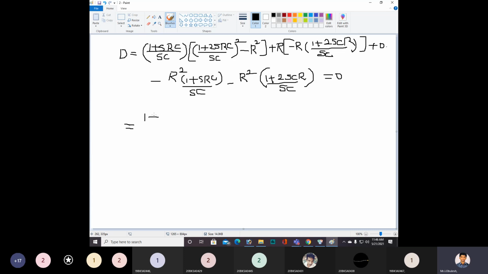Okay. First you need to write 1 plus SRC same as it is. Here you need to apply the a plus b whole square formula. Then you will get 1 plus 4 S square R square C square plus 4 SRC.